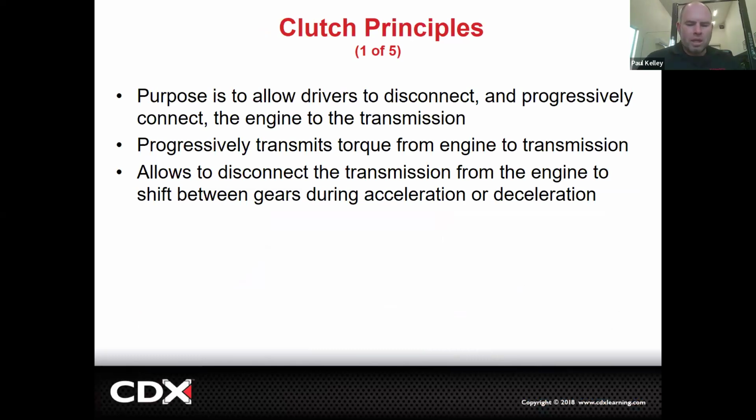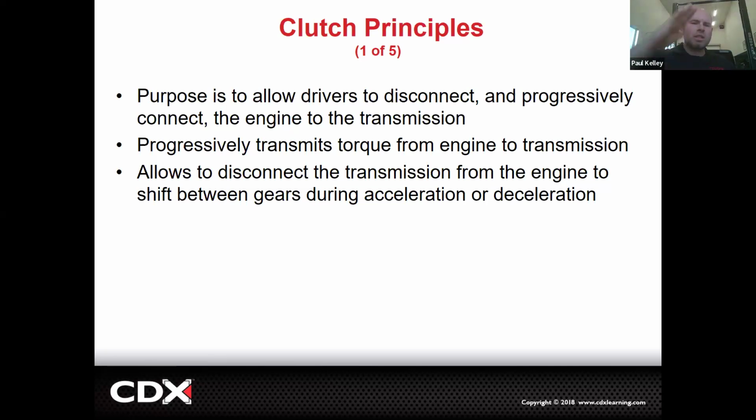Again, we want to disconnect and connect the engine to the transmission, but we want to be able to do it what we call progressively. So it's not just on or off. If you start to push the clutch down, it should gradually release. And when you go to engage it, engaging the clutch, for clarification, means you're releasing the pedal.